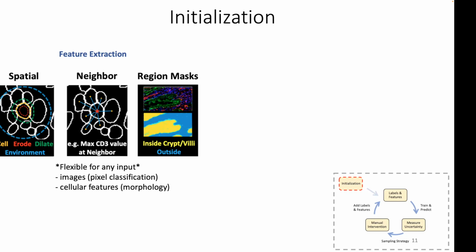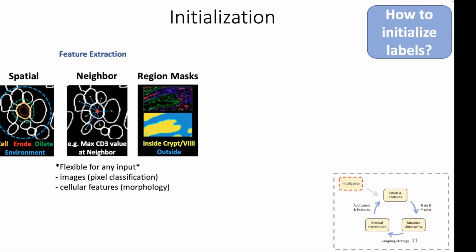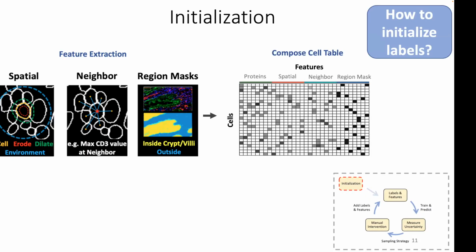You could even add in something else, like anything you bring in, like a pixel classifier or other cellular features. And then we get this cell table with the cells and all the features that they have.